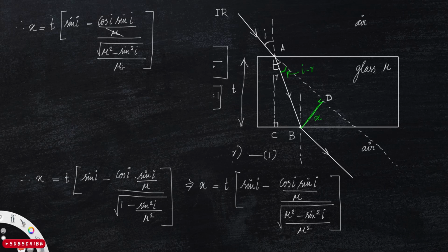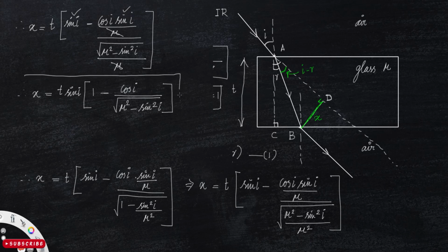You can cancel this mu. Therefore, x is equal to, see, this sin I is common, so you can take that out, t sin I times 1 minus cos I divided by root of mu square minus sin square I. Okay, so this is the expression for lateral displacement.